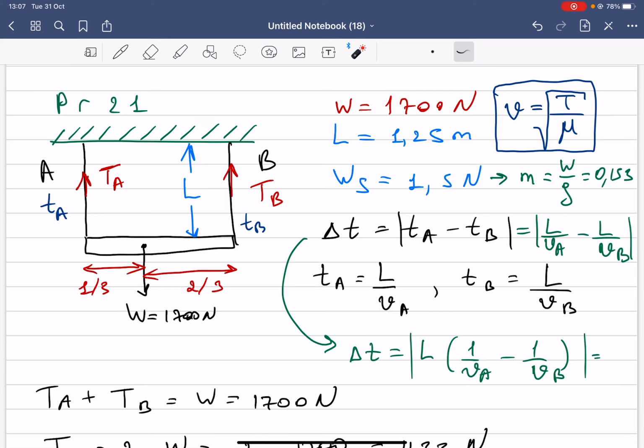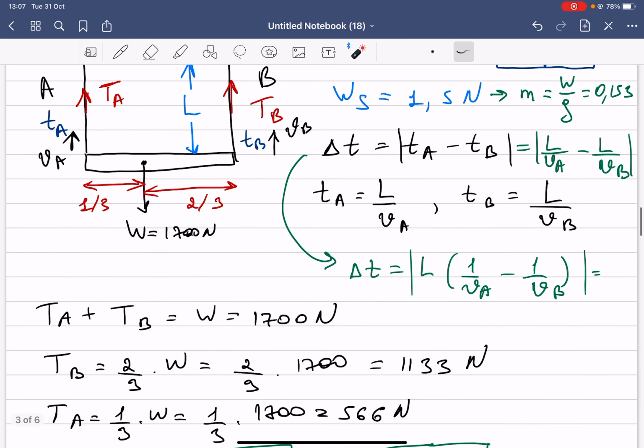VA is the speed traveling up in wire A, and then we have VB traveling in wire B. Then we have L divided by VA, L divided by VB, and you have to subtract them. Now, L is given, but we don't know VA and VB, so we have to calculate those.